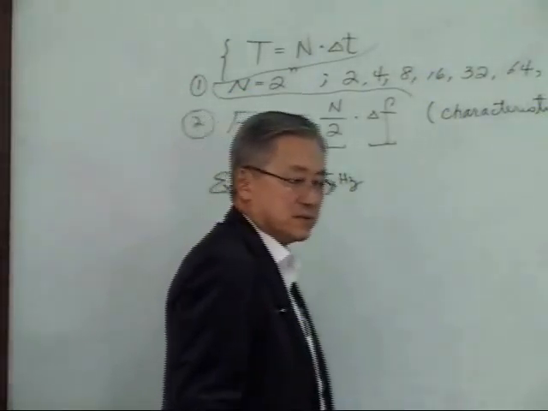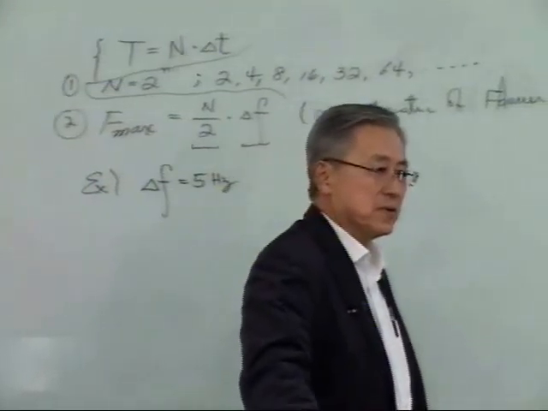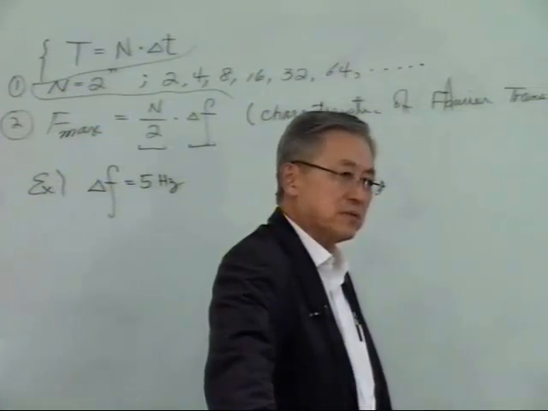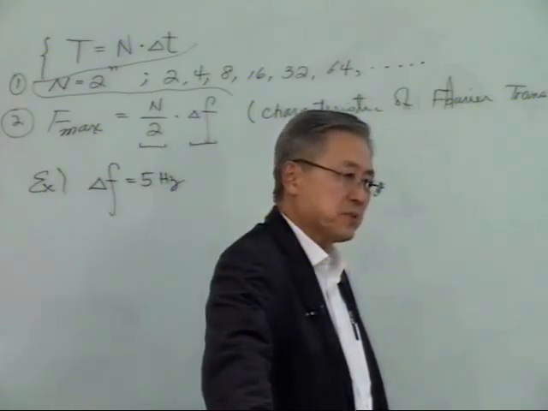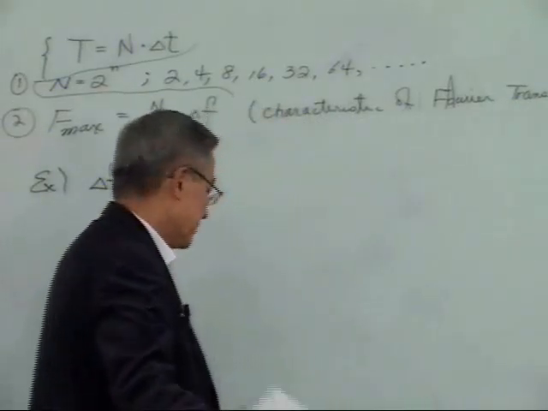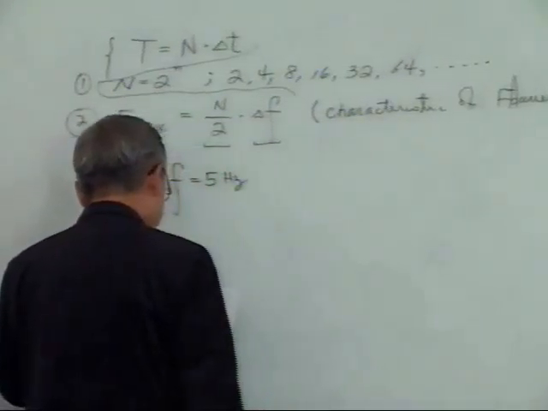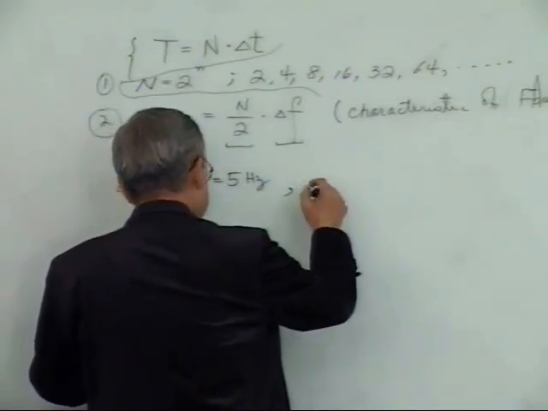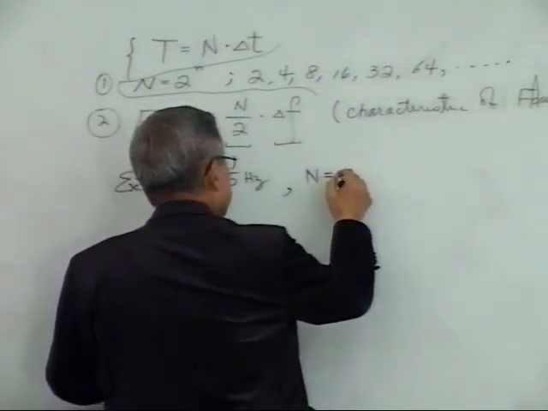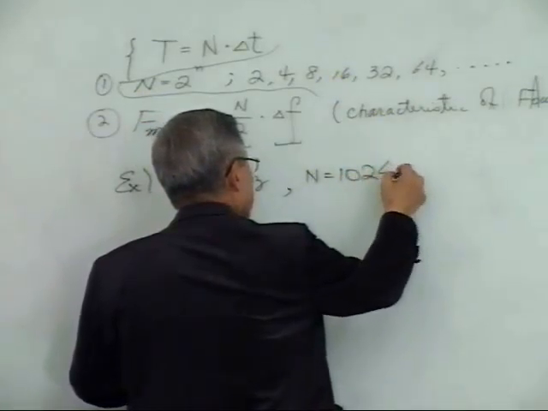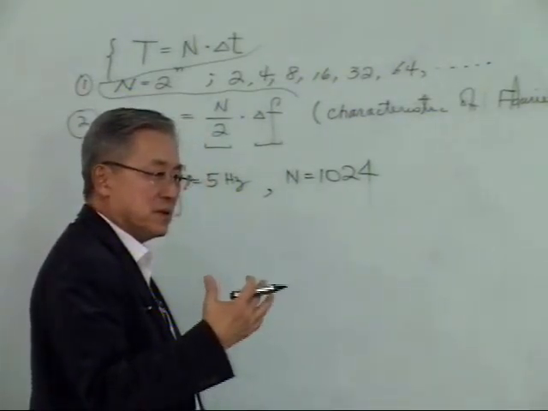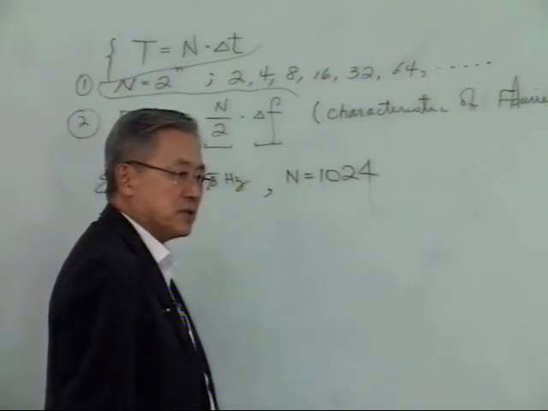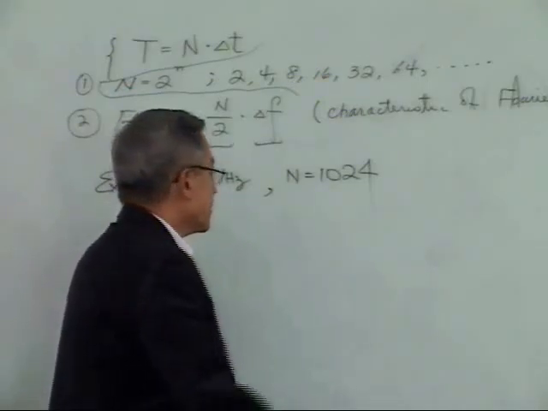In the shock analysis, which I'm always involved in, 5 Hertz is too big, okay? But for vibration problems, 5 Hertz may be acceptable for many different cases. And N is 1024. In a typical dynamic signal analyzer in the lower price range, the number of data points it can handle is 1024.